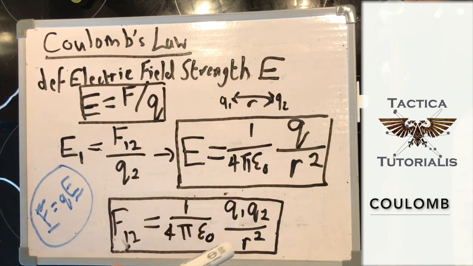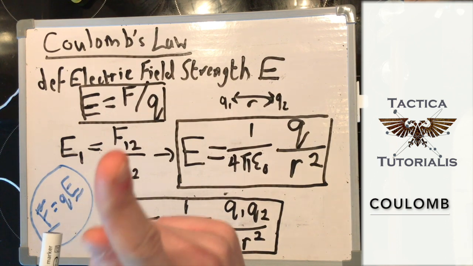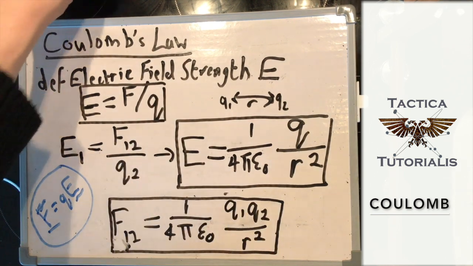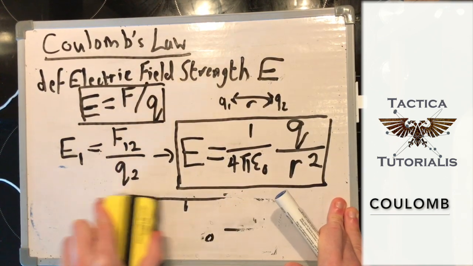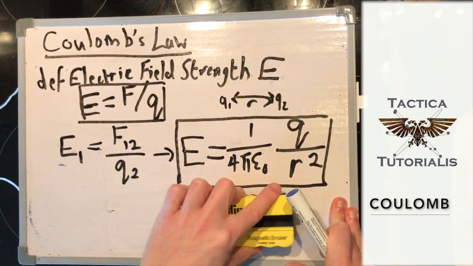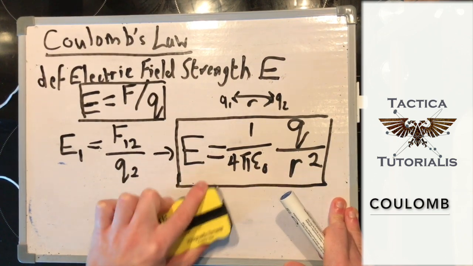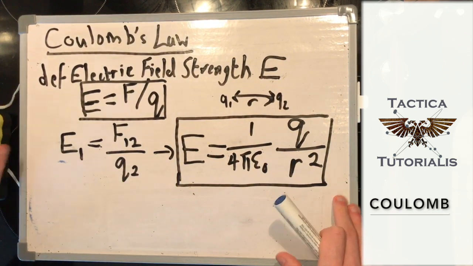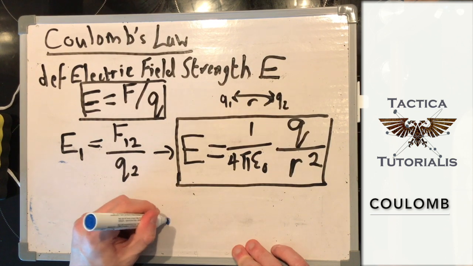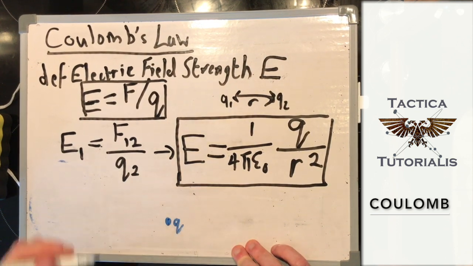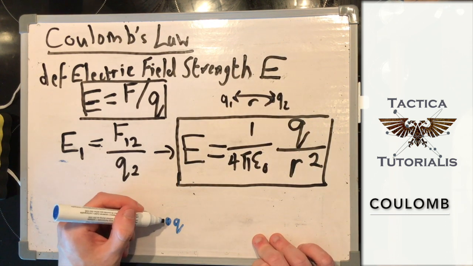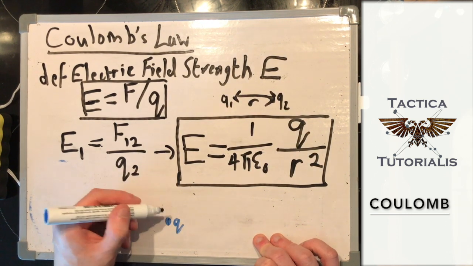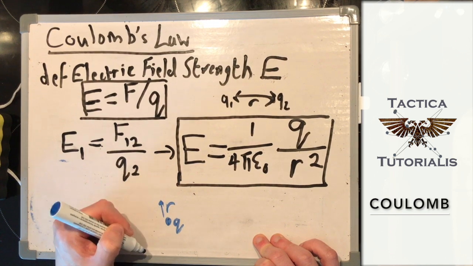However, what if you only had one charge? Let's say for a second I had one charge all on its lonesome, because we're going to remove Q2 now, and we're just going to say, what if I only had one charge, which we're going to call Q? How do I work out its electric field strength? Well, you just pick any arbitrary distance and say, that's r.